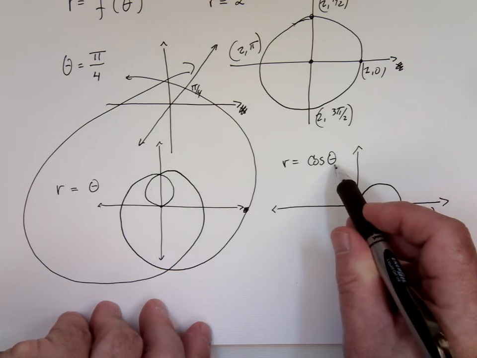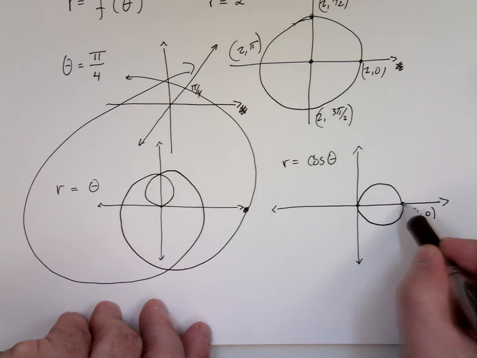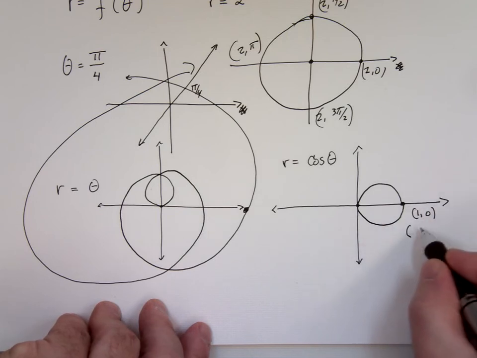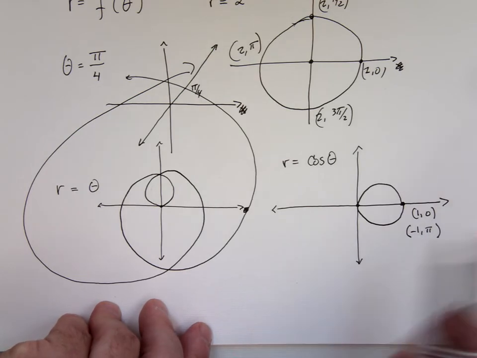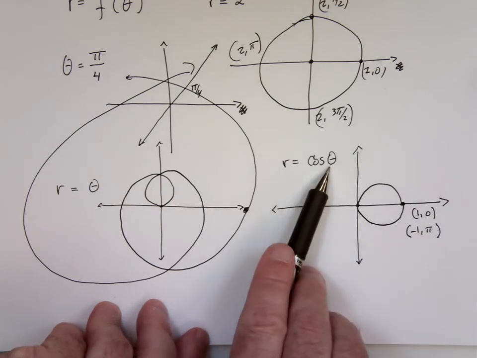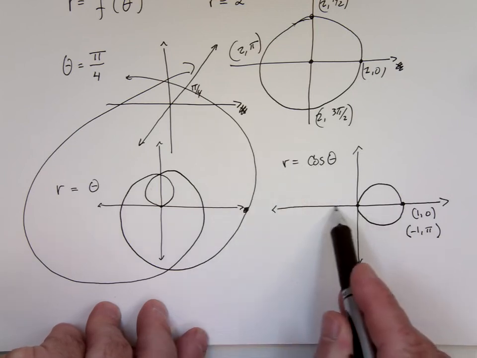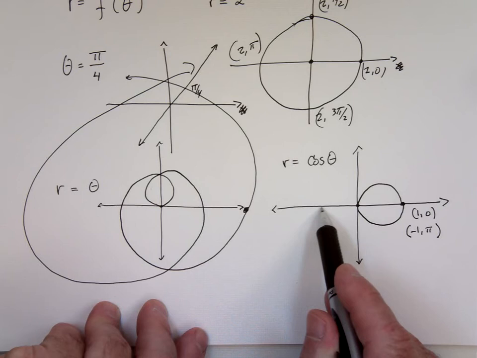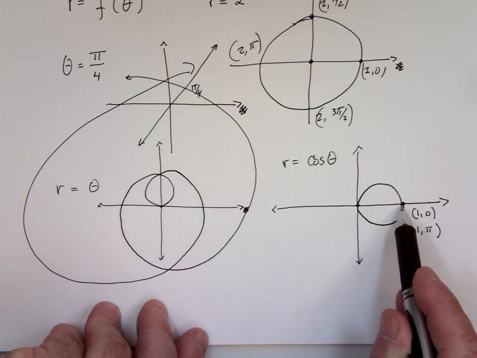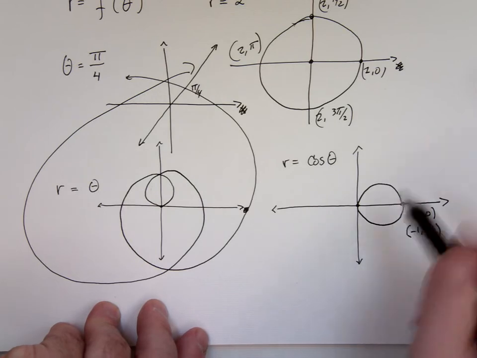We're back here. Another name for this point is -1, pi. So here's pi. Out here, r is -1. Go back through the pole, out the other side 1 unit. And you repeat the process, okay?